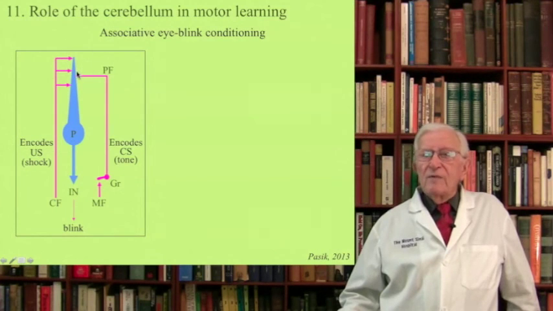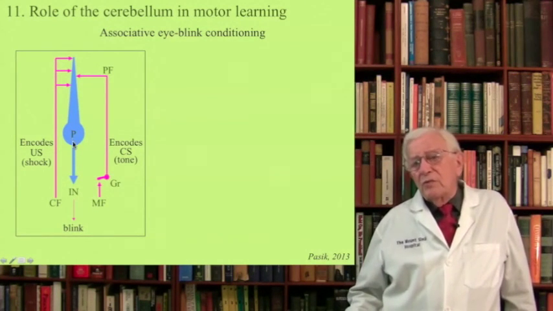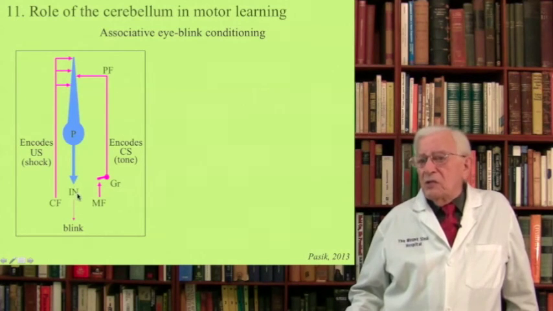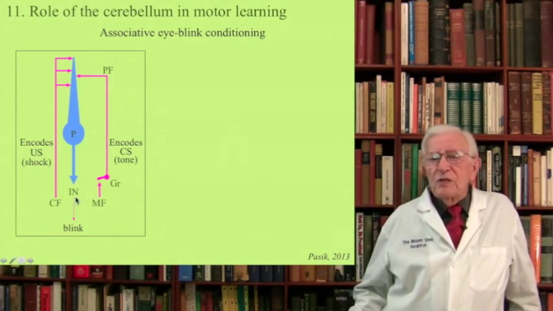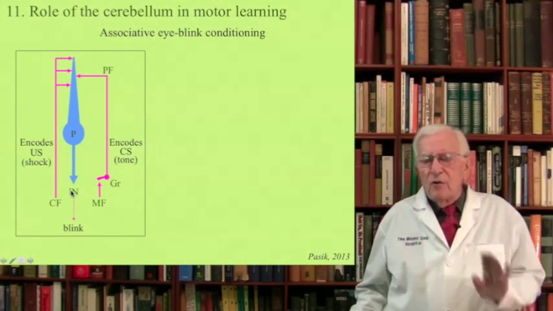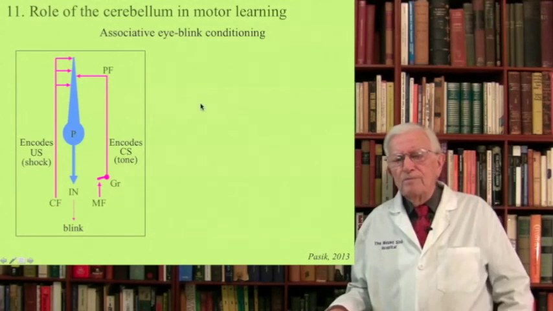And the parallel fiber system is going to also stimulate here the Purkinje cell. And while it's not conditioned, each one does its own thing, and the Purkinje cell discharges adequately and inhibits sufficiently the intrinsic nuclei to provide for a very closely timed blink to the shock.